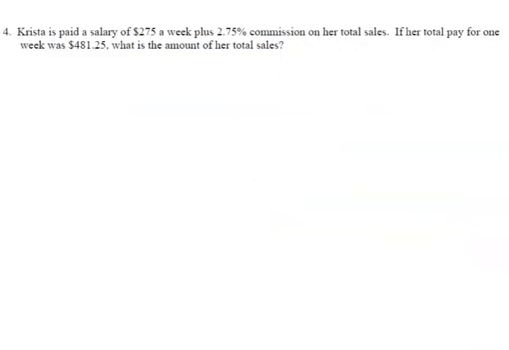Krista is paid a salary of $275 a week plus 2.75% commission on her total sales. If her total pay for 1 week was $481.25, what is the amount of her total sales? So this is what we're finding, right?